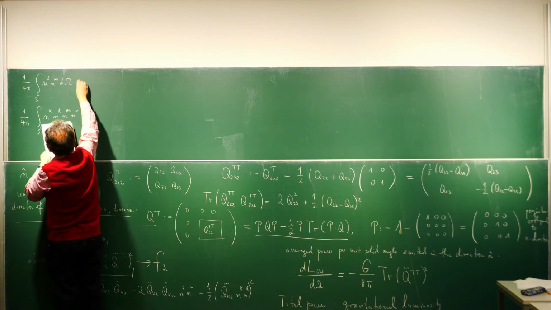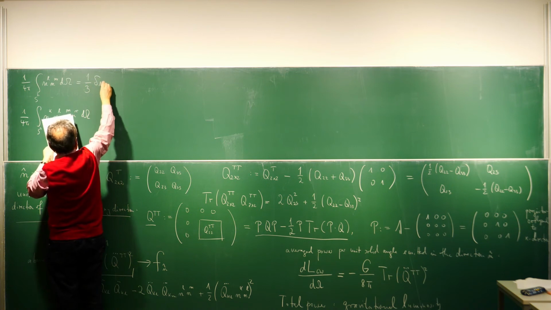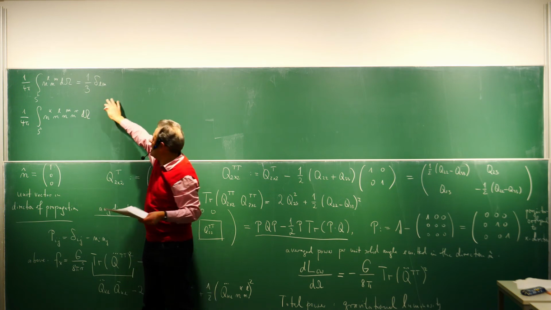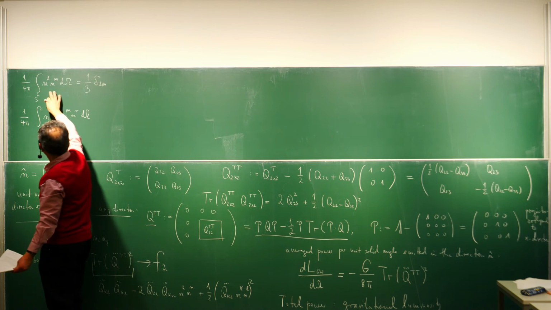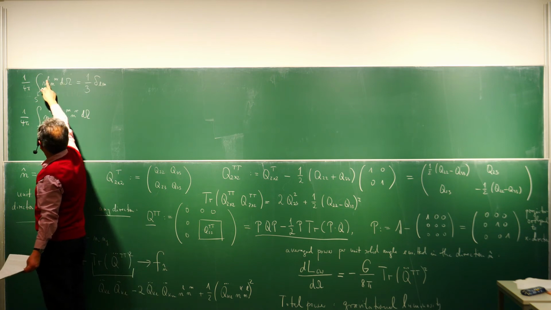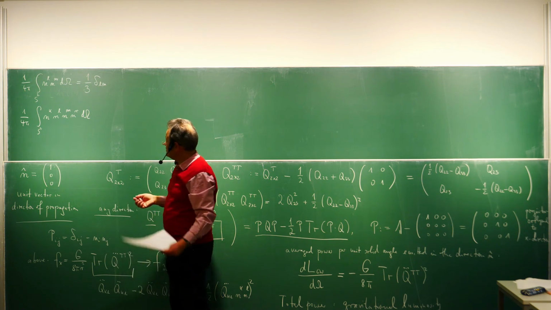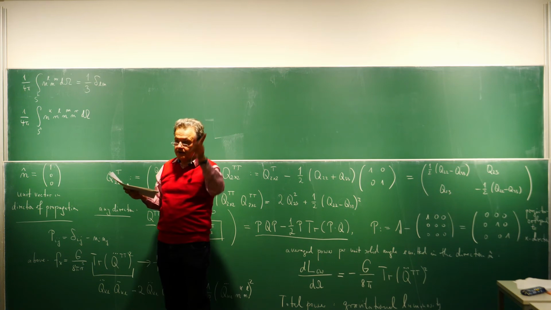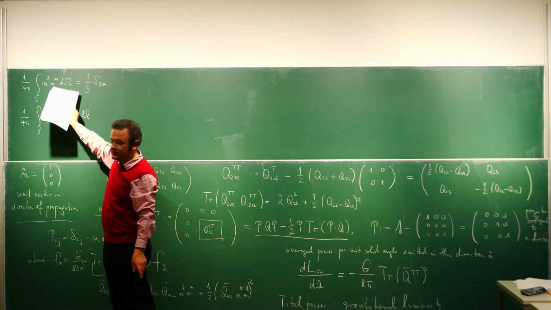Now, let me first give you the result. So this is 1/3 delta_LM. Now, if you don't know this or you don't look it up, how can you understand that this is correct? Well, you first have to convince yourself that this vanishes if L is not equal to M. And if L is not equal to M, then you have a cancellation from opposite directions. For example, you insert x times y.